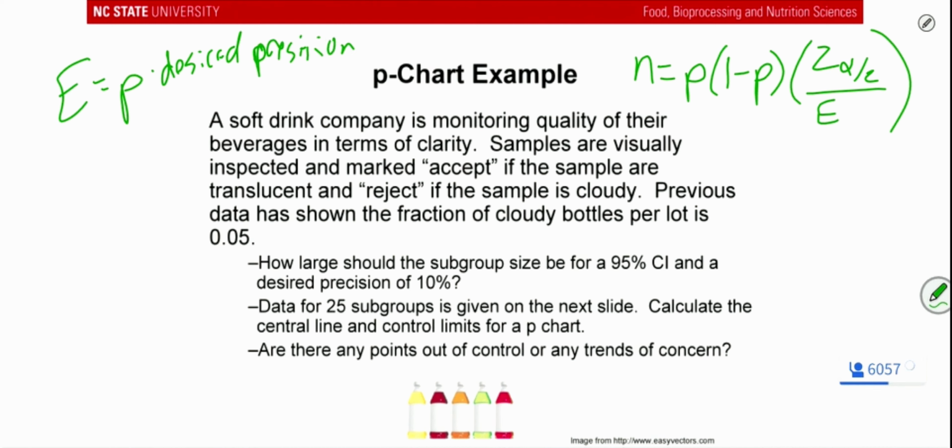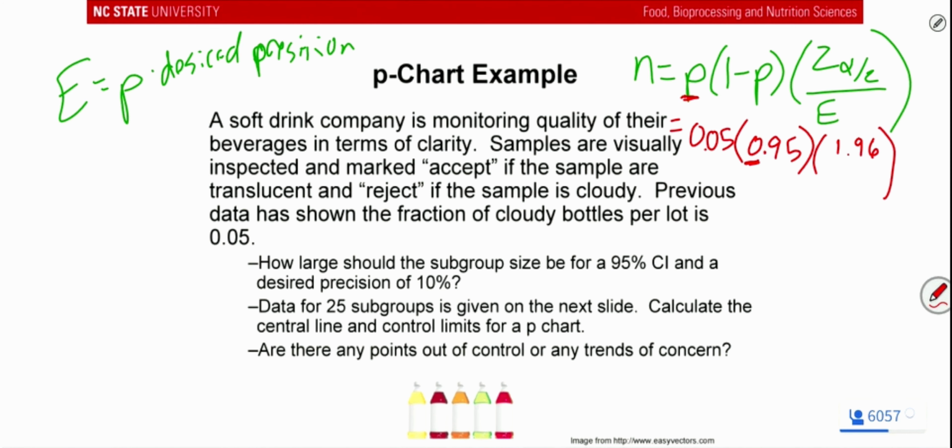So first question, do we have p? What is p? 0.05? Yep. p equals 0.05. You know what 1 minus 0.05 is? 0.95. We need to look up z of alpha over 2.